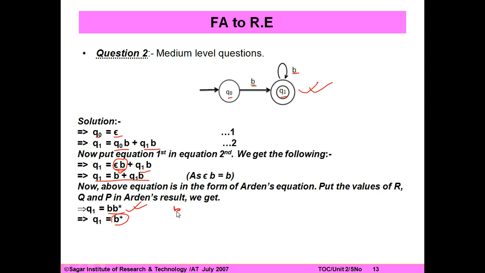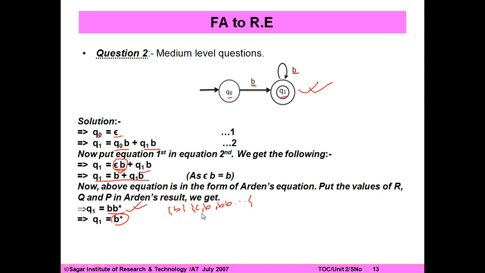For B, in the form of language, you can write only a single B, and for B asterisk we have epsilon, B, BB, and all the combinations of B. So it goes like this.